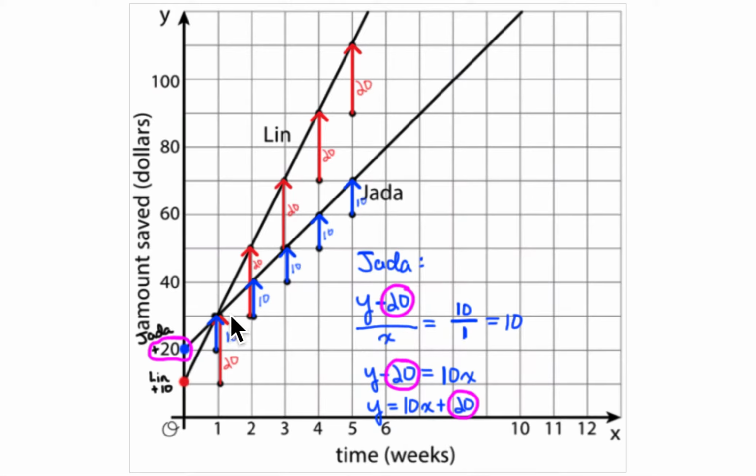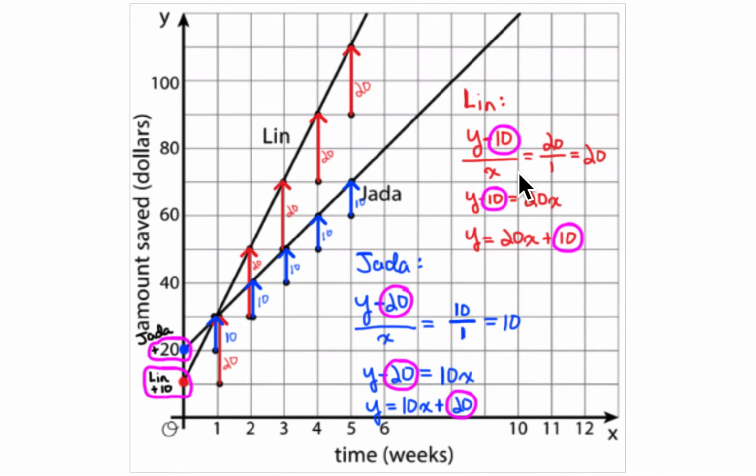So in order to find where she is on this graph for the Y value, you have to add back that $20 that you subtracted. So you add that back to the total amount of money she saved over the number of weeks. That's 10 times X, and that gives you what the Y value is.